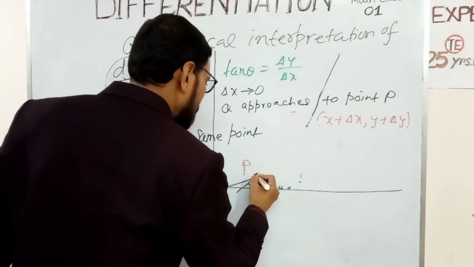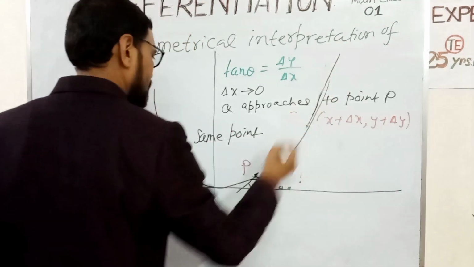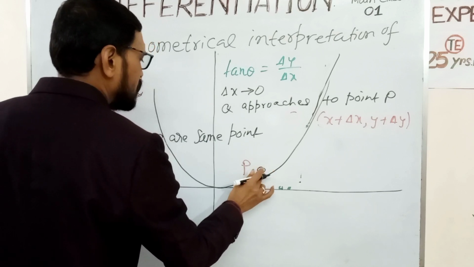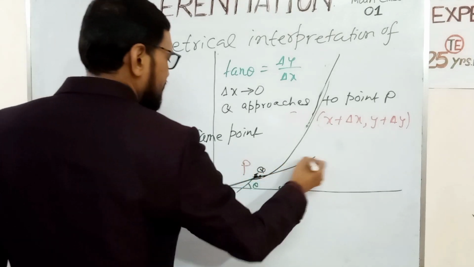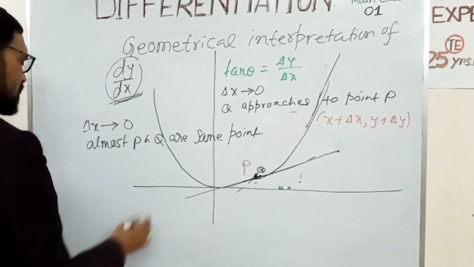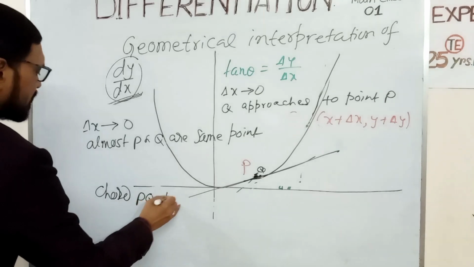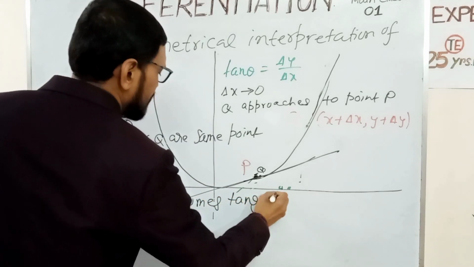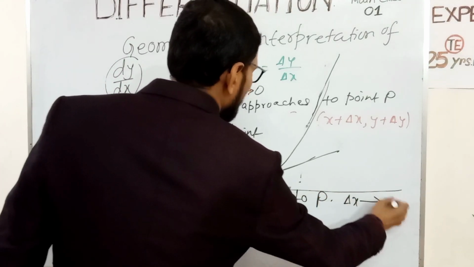So P and Q coincide with each other, and the chord becomes the tangent at P. The chord PQ becomes the tangent at P if delta x tends to 0.